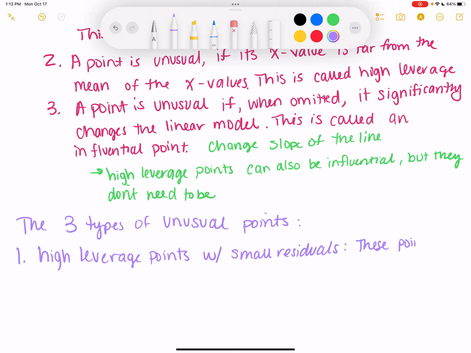These points confirm the pattern, but are extreme values.